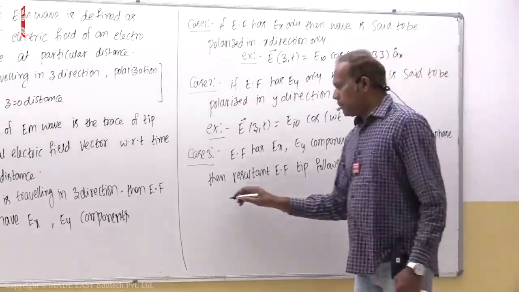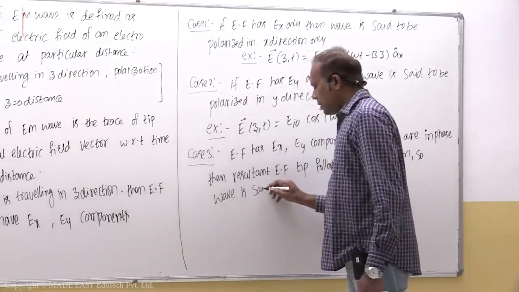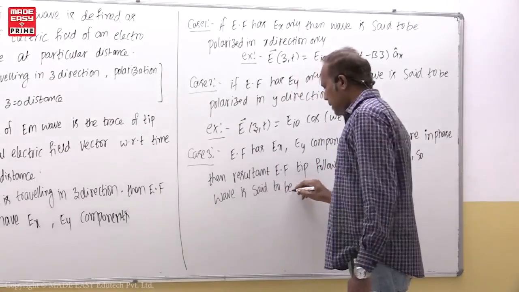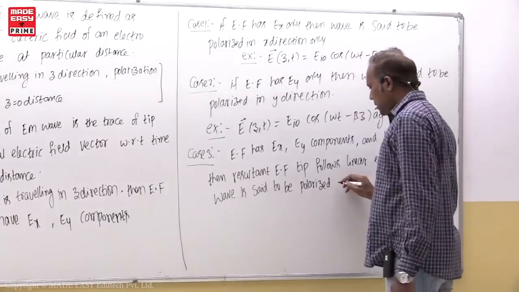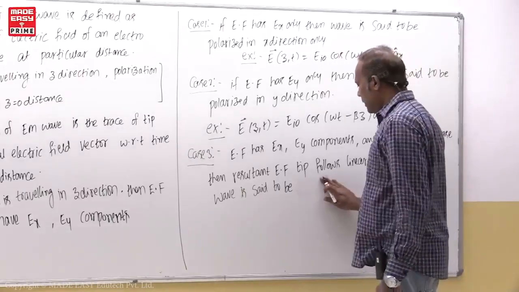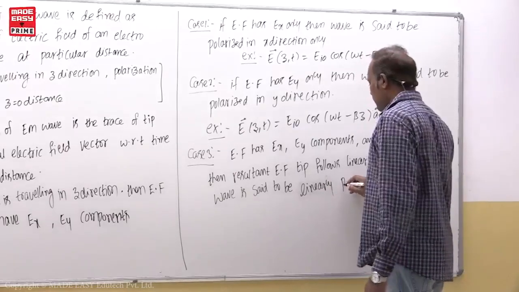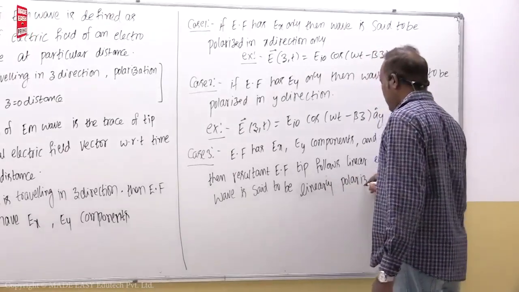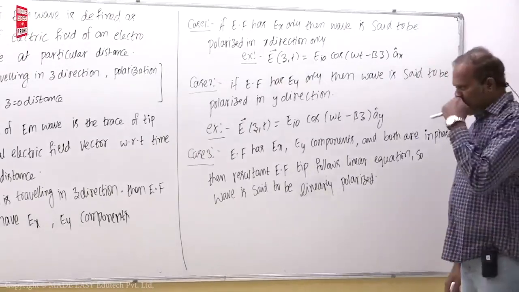So the EM wave is said to be linearly polarized. Okay, we will take an example and solve that one.